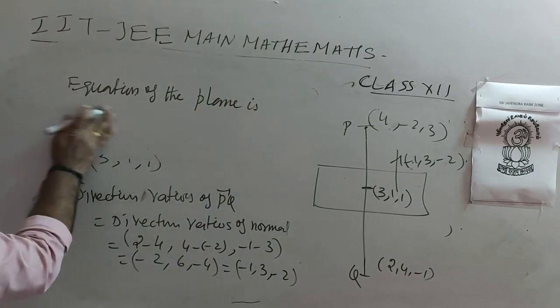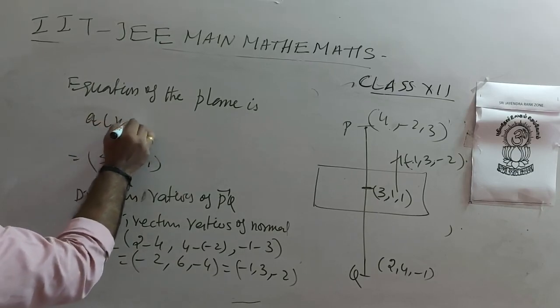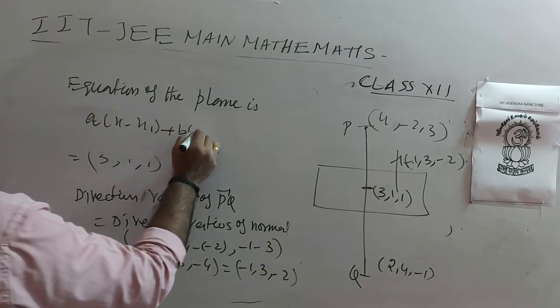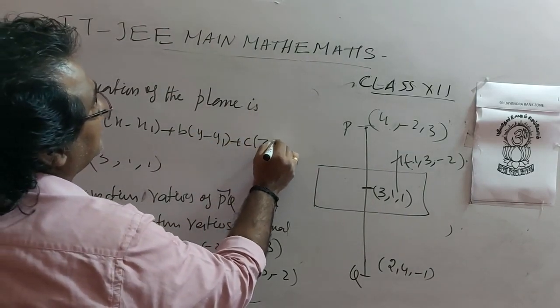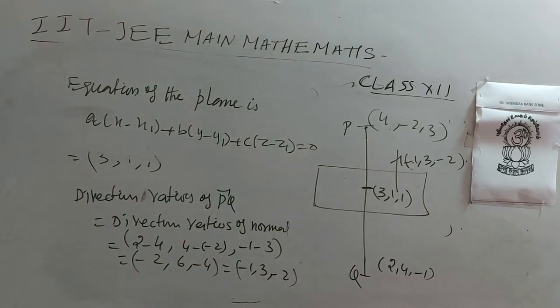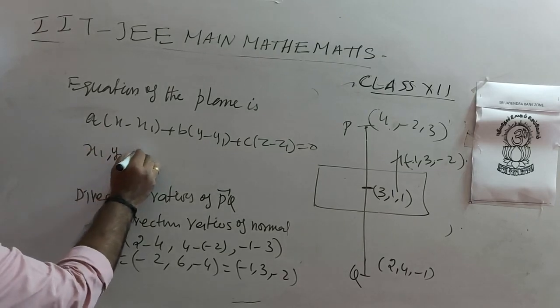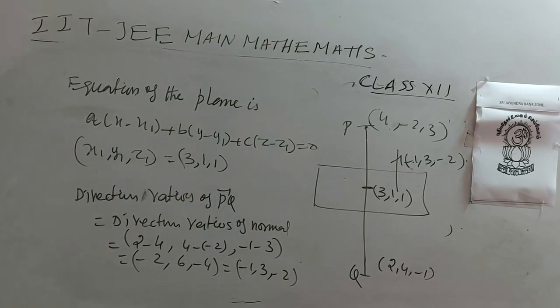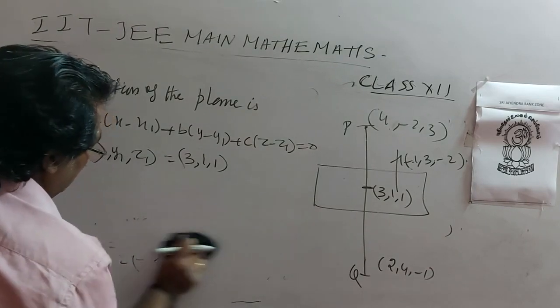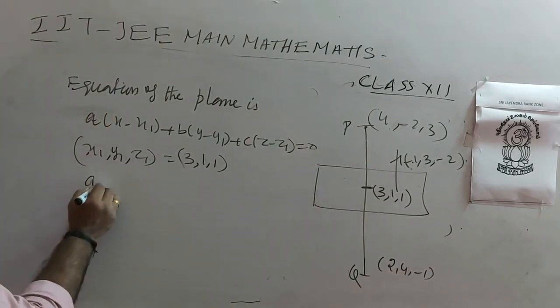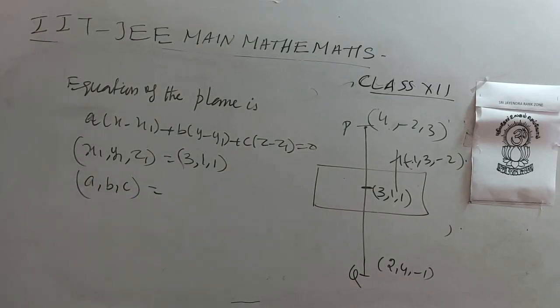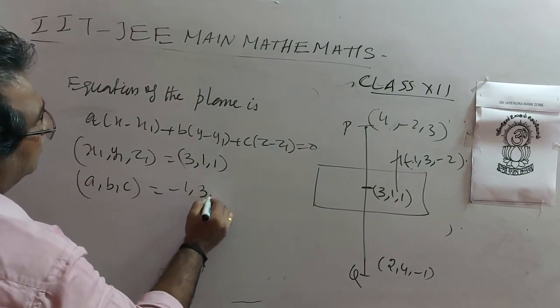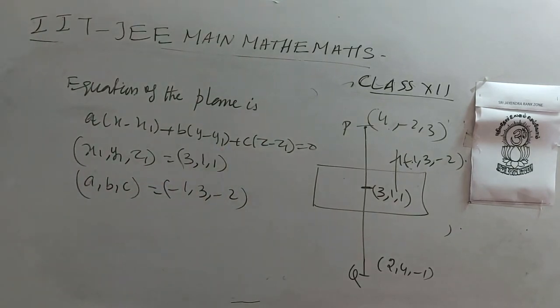The equation of the plane is a into x minus x1, plus b into y minus y1, plus c into z minus z1 equal to 0, where x1, y1, z1 is 3, 1, 1, and a, b, c is minus 1, 3, minus 2.